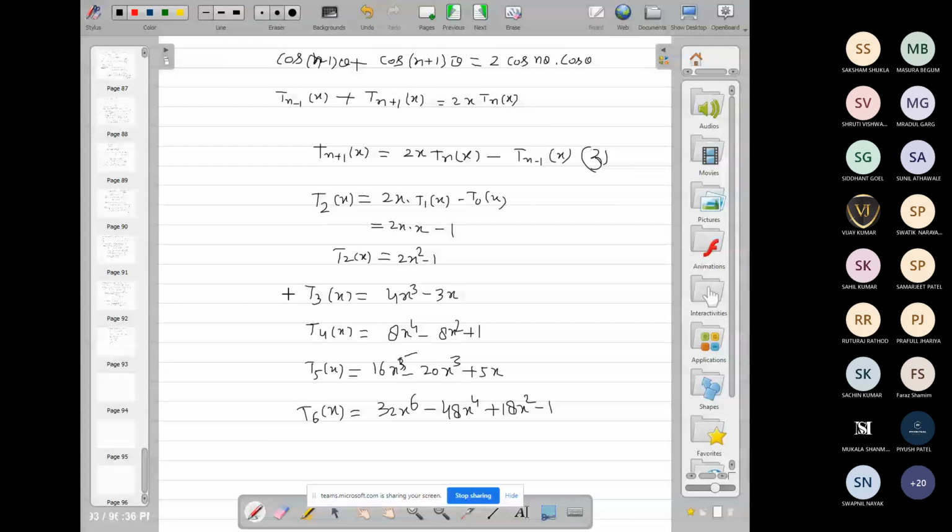For example, we know that 1 is equal to T0(x), and x is T1(x). Similarly, x square from this relation will be 1 by 2 (T2(x) plus T0(x)). So 1 is T0(x) in this relation.